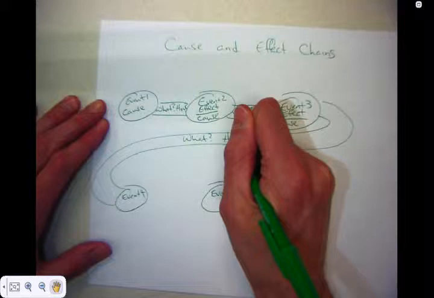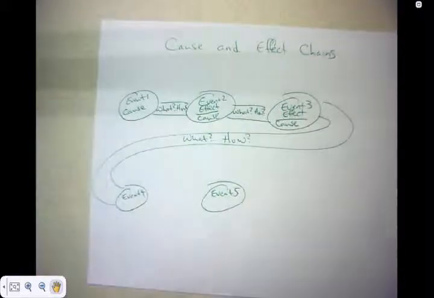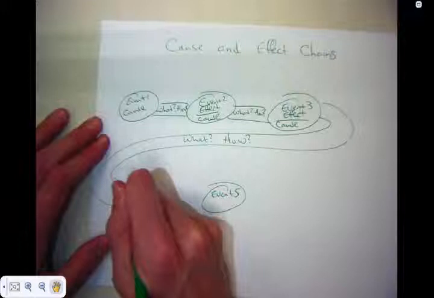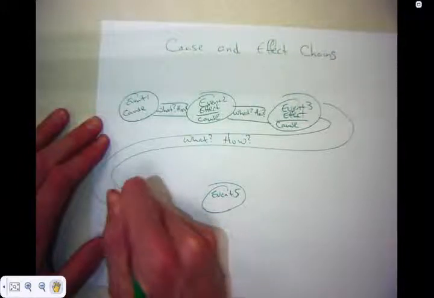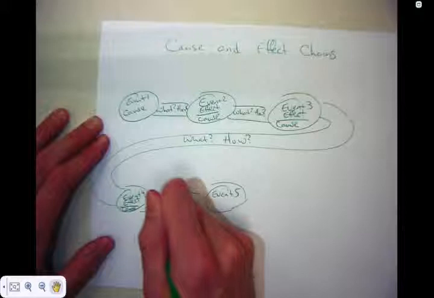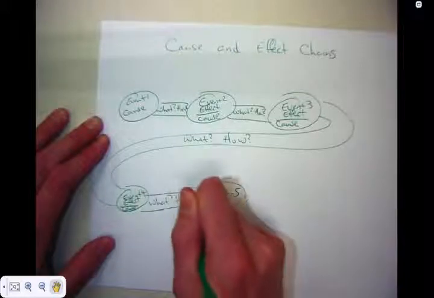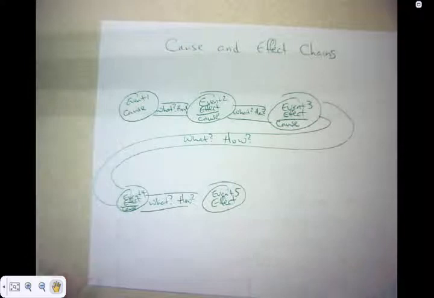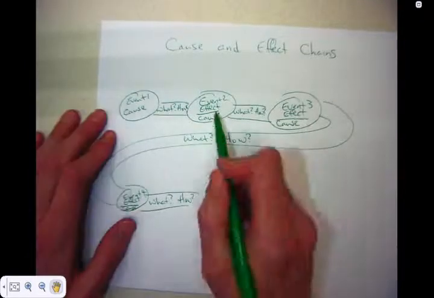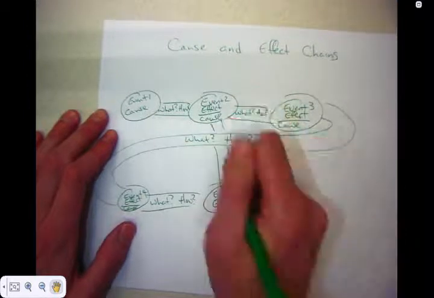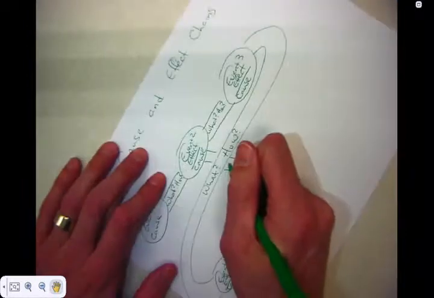And again, this is why I can't necessarily give you cause and effect graphic organizers. I can just kind of show you how to make them and ask you to make them yourself as you read. And this doesn't even get into the possibility that event 2 might cause event 3, but it also might be a cause for event 5.